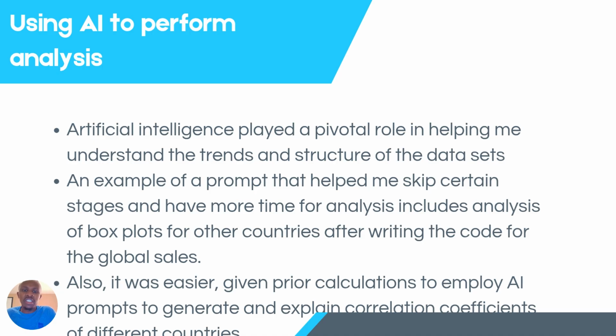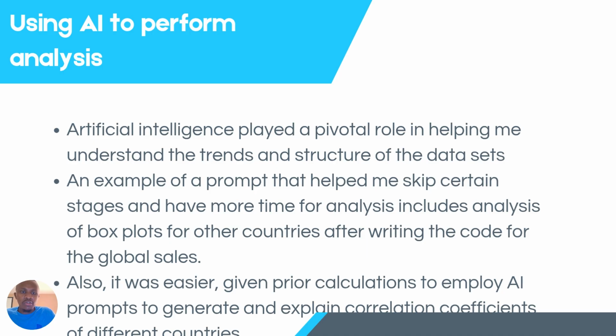Sometimes you come up with those metrics and you don't have a lot of time and you need to do more research to know what that means for your data set. So in most of my steps, I try to employ AI to get to know certain meanings of some structures. What makes those graphs come together?